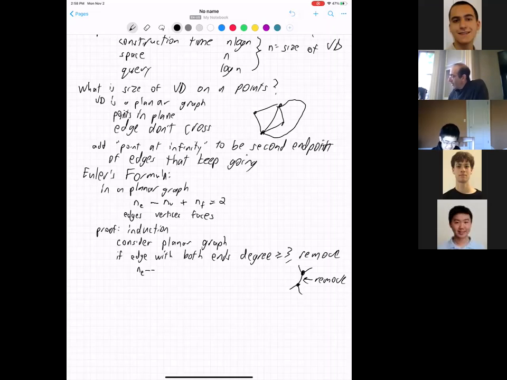So the number of edges decreases by 1. Sorry, I wrote the formula wrong. My bad. It's N sub V minus N sub E. So here we have vertices, here we have edges. The number of edges has decreased, the number of faces has also decreased, so the sum is unchanged.